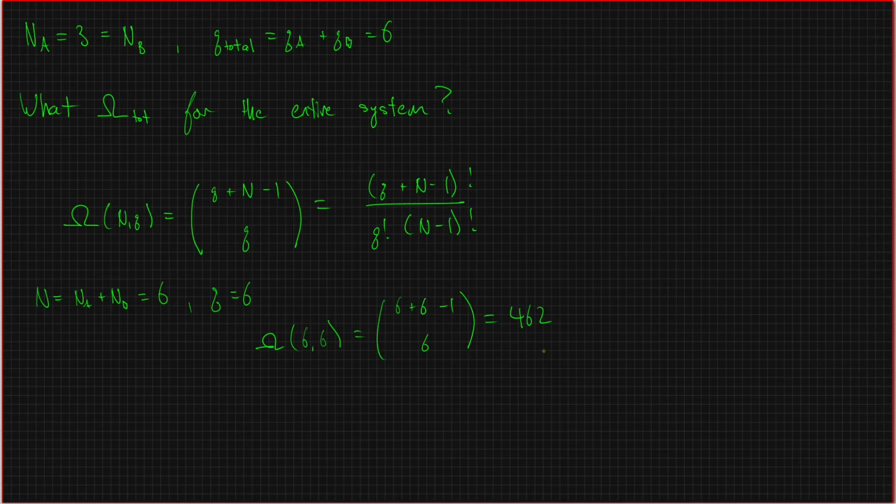Okay, so there's confusion here when it comes to calculating the total number of microstates available for the entire system versus for each part of the system. So there's another total that comes into play here.